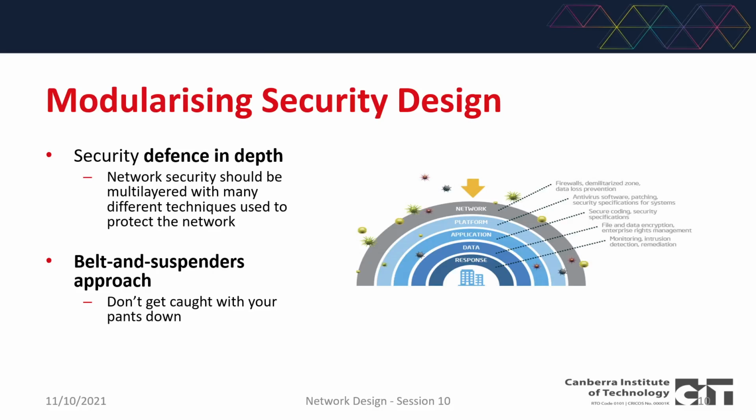Now, as you may be thinking, if you do something and you don't do something else, if you get hacked at one point, someone is going to be able to do whatever they want in the network. So if you're relying on SSH and nothing else, and you're using the most stupid passwords ever, you're still vulnerable. It doesn't matter that you're using SSH, your devices are still vulnerable to other types of attacks.